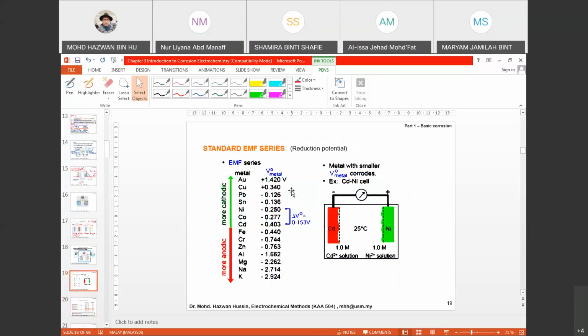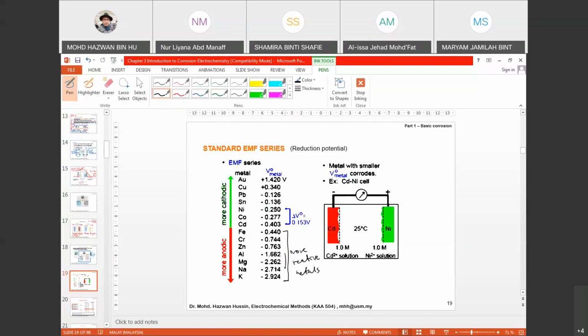Again, the electrochemical series is not something new. We have also seen this in chapter 1. But what I want to emphasize here is that the more negative the potential, the more reactive the metal.